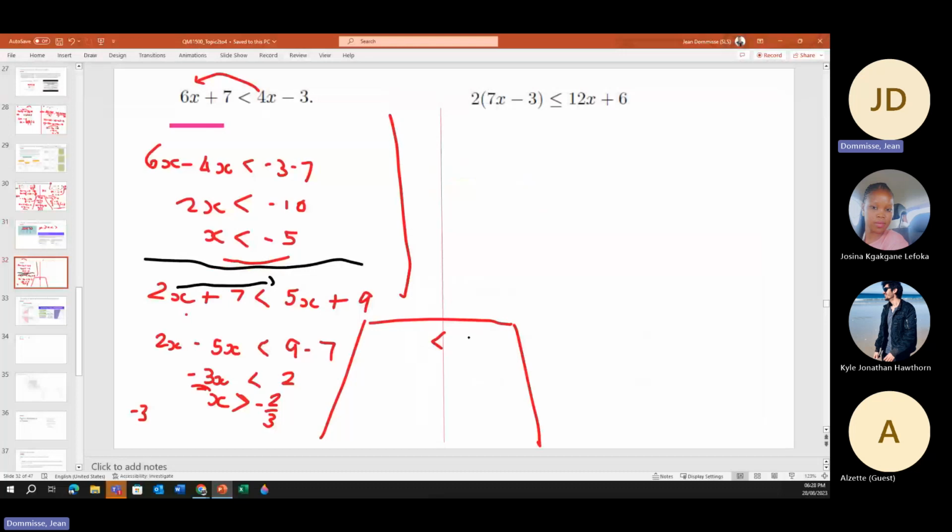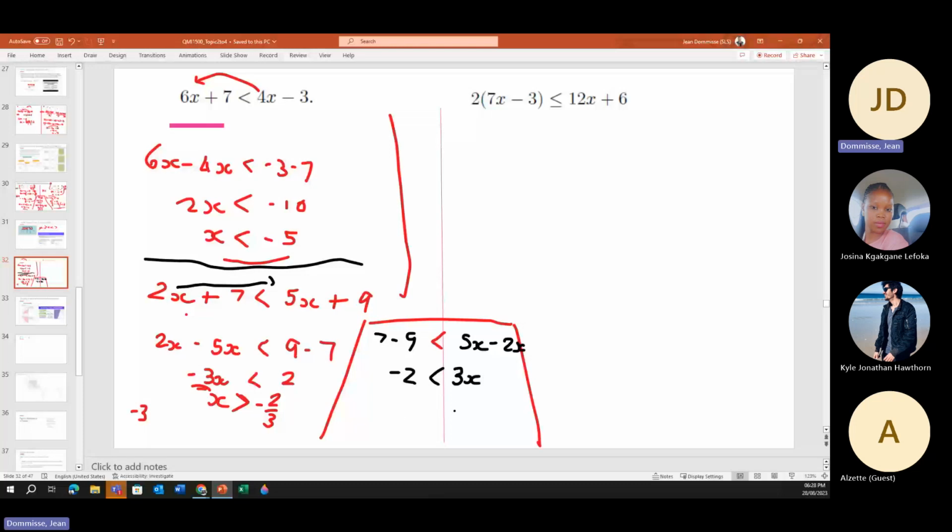So then it is 5x minus 2x on this side, and on that side I get 7 minus 9. So on this side we've got 3x, and on that side we've got minus 2.